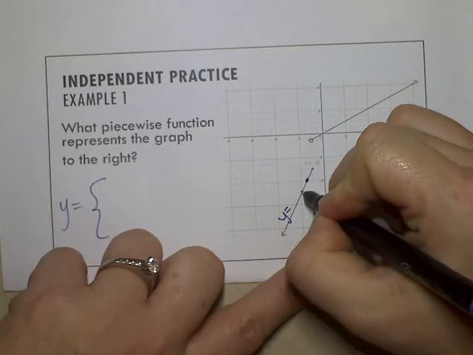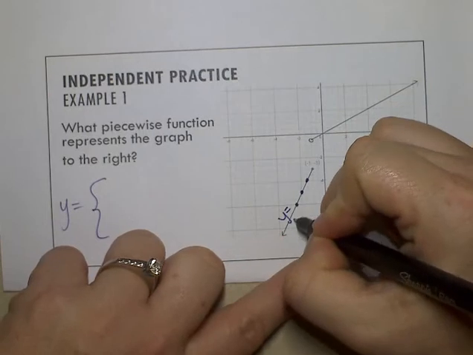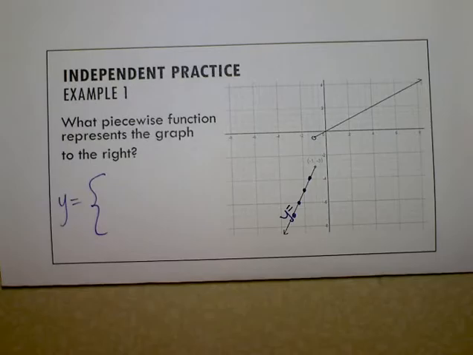So look for good intersection points, and I want you to dot them in. And then I want you to continue that pattern as you move upwards until you hit the y-axis.